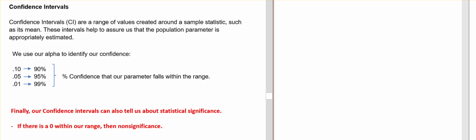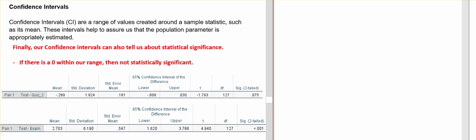The one thing that we can look for when it comes to confidence intervals is an indication of statistical significance. So if our confidence interval crosses the 0 point, that could be one indication that we do not have a statistically significant difference between groups.